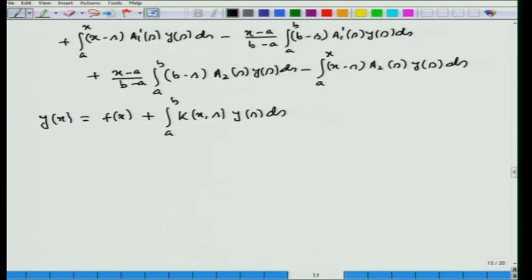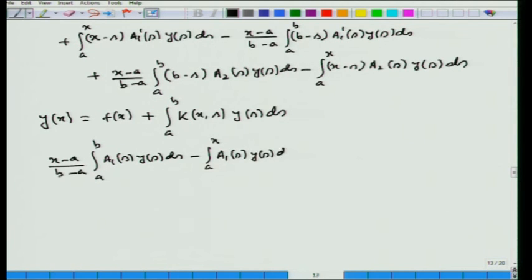Now, we have to look at how we can find this k(x, s), and the idea is that, as we have done earlier, every integral from a to b has to be divided into 2 parts, that is a to x and x to b. Then after rearranging the terms, we get this result: (x minus a) divided by (b minus a) integral a to b a1(s) y(s) ds minus integral a to x a1(s) y(s) ds.